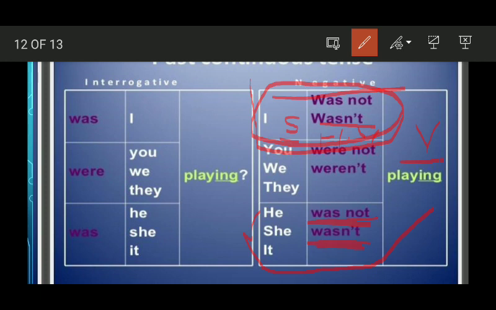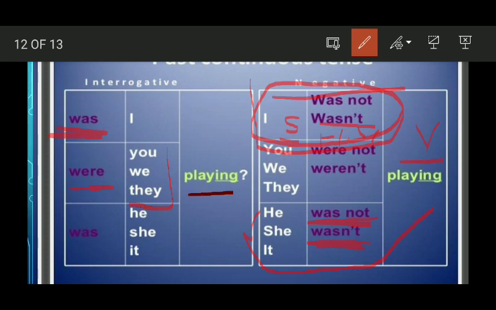And the interrogative sentence. Whenever we use an interrogative sentence, at the start of the sentence we write the helping verb, like was, according to the subject. Suppose our subject is I, then we will write was at the start of the sentence. If our subject is you, we, they, then the interrogative sentence will start from were.